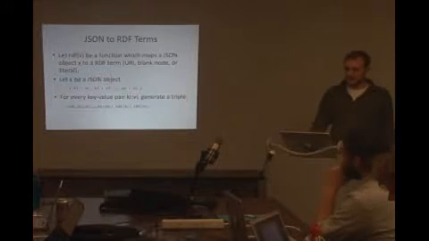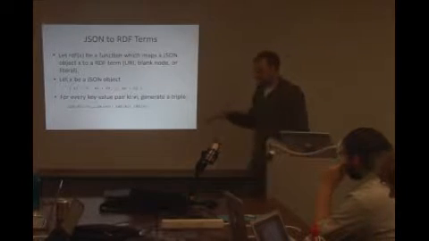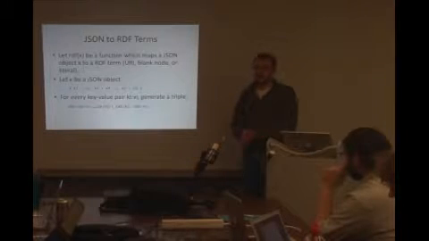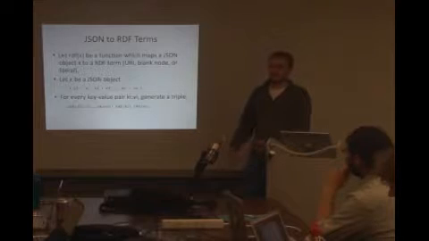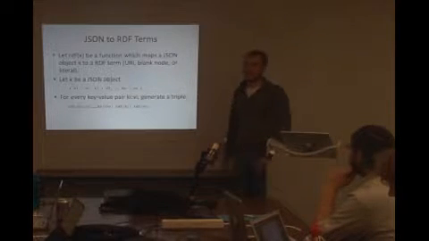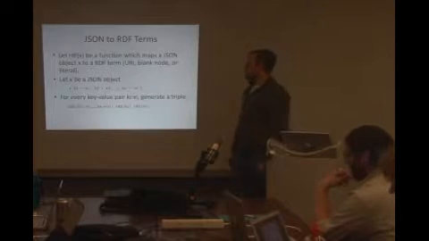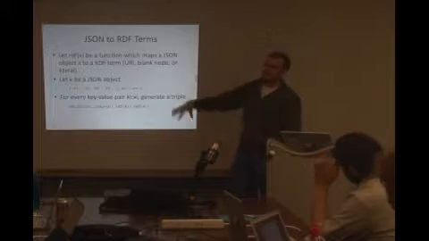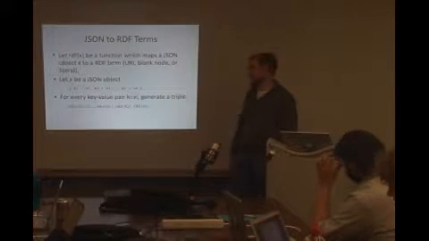Okay, so now that we've talked about how we generate the linked data URIs, which is really, I think, the hardest part, doing it in a way that was clean and acceptable, let's talk about how we actually turn the JSON into RDF, which is basically a syntactic conversion, putting the URIs in the right place.